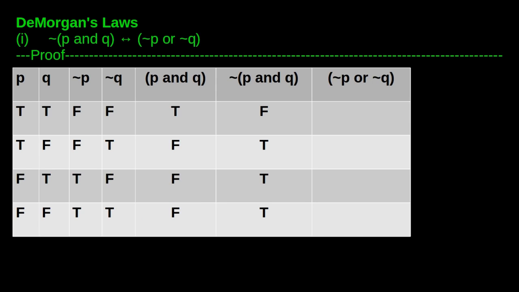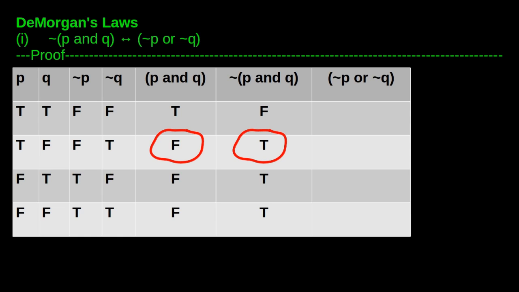It goes false, true, true, true. How do we get that? We computed the value of not (P and Q) by looking at the value of P and Q. Because it's not (P and Q), it should have the opposite truth value. That is, when P and Q is true, not (P and Q) is false.